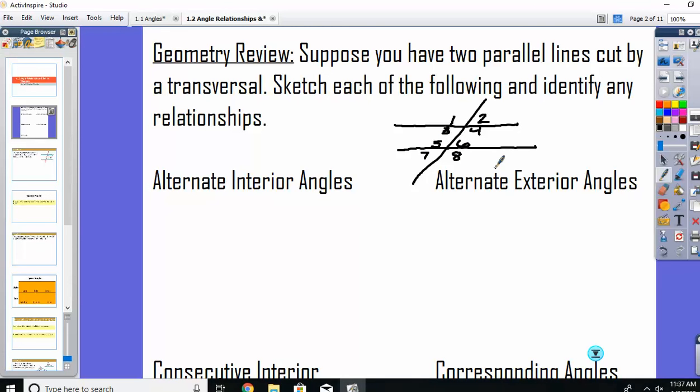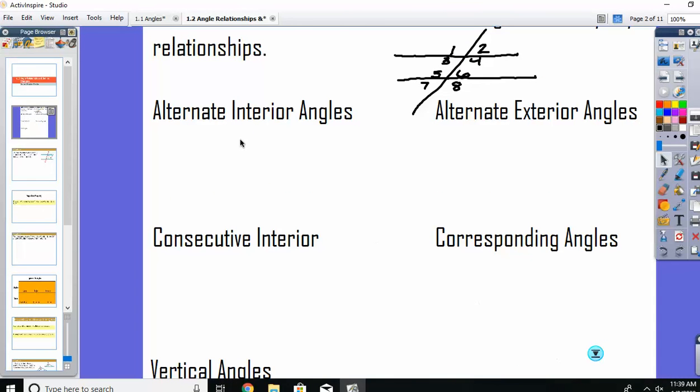And I'm going to number my angles, and let's all make sure we number them the same. Alternate means opposite sides. Interior means inside. So they're inside the parallel lines on opposite sides of the transversal. So inside, that would be like angle 3 and which one? 6.